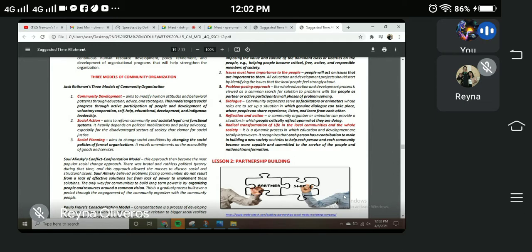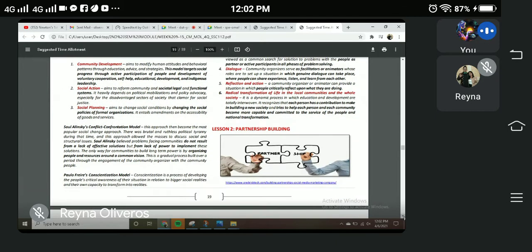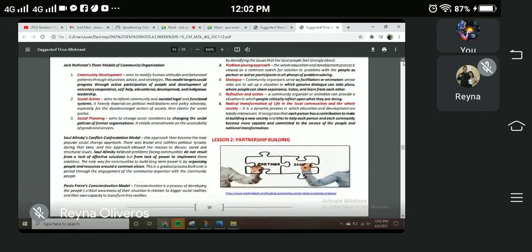While Paulo Freire's conscientization model is a process of developing the people's critical awareness of their situation. This model covers the following.